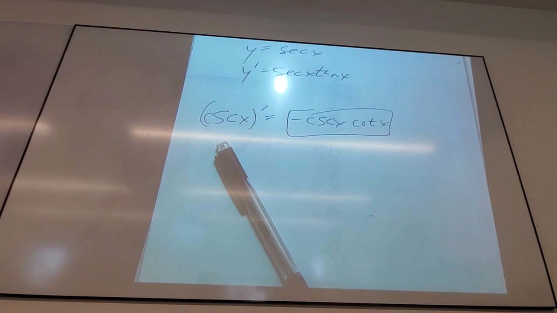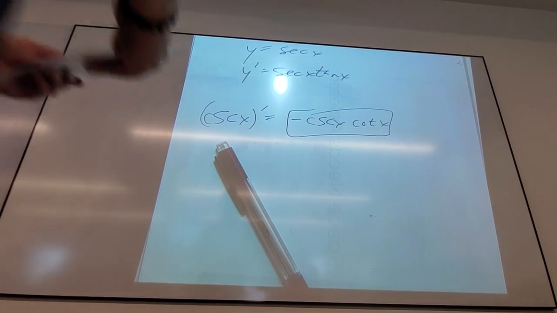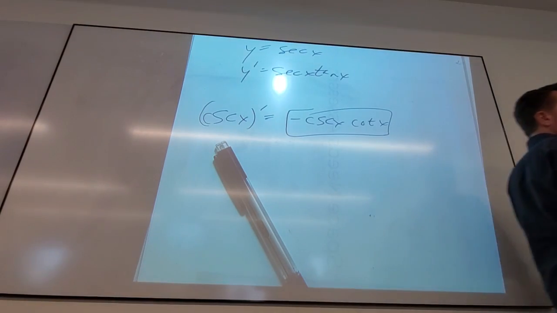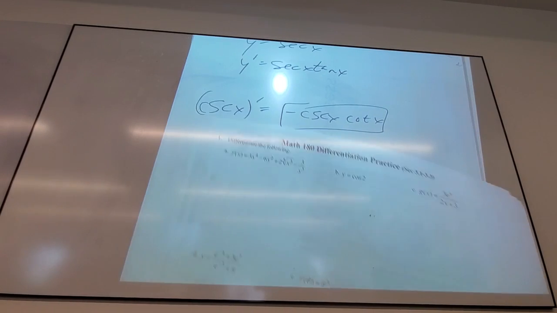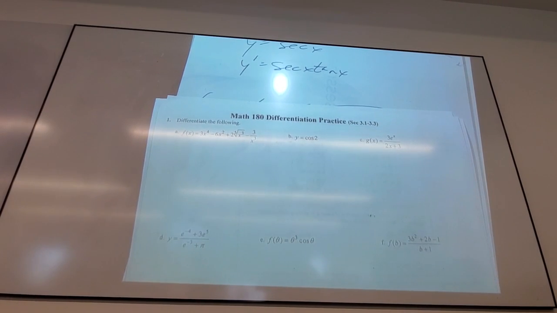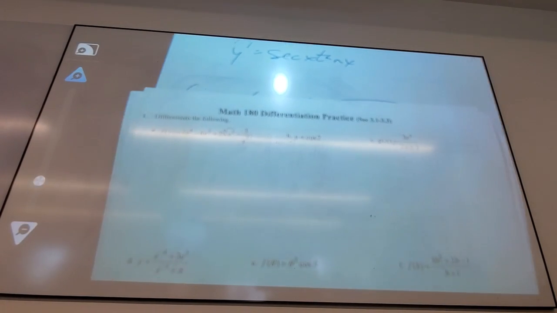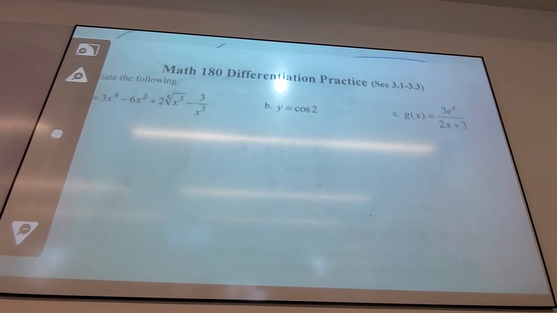You gotta always remember the last part. That's always the part I missed. I go through the whole chain rule, but I forget to finish. I want you to focus on what my friend did, which was outside derivative times inside derivative.